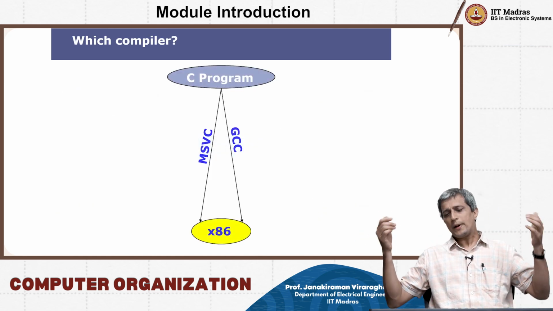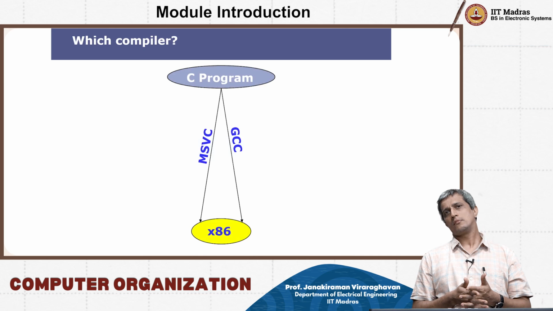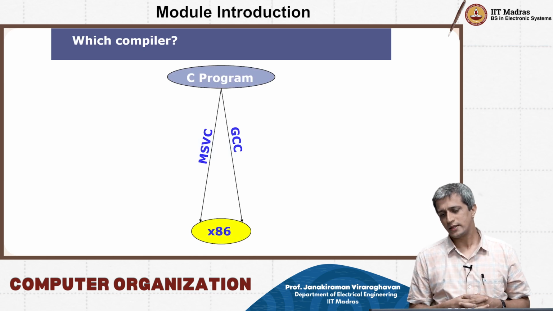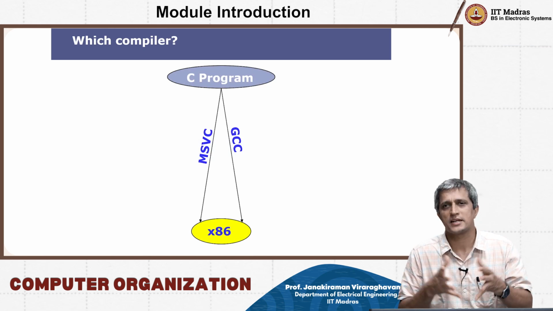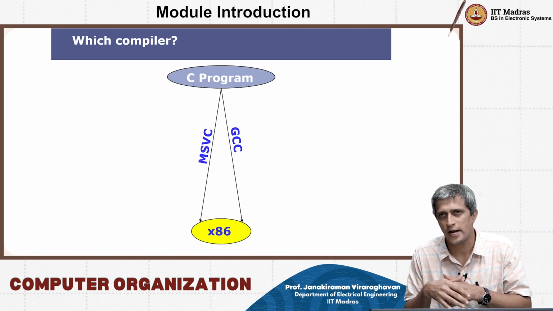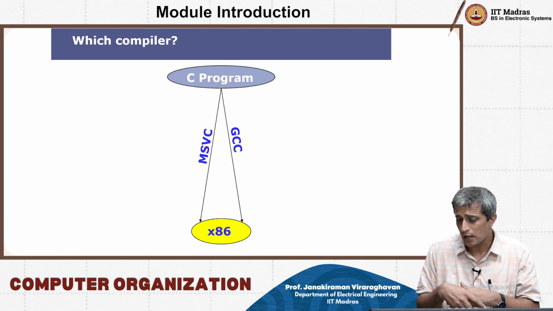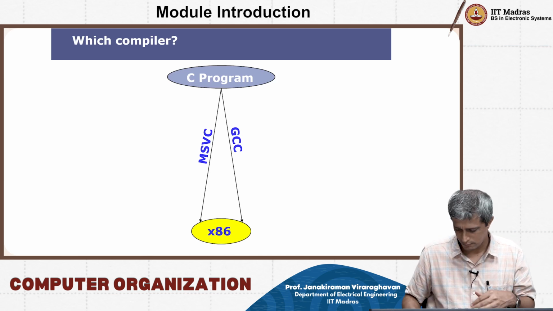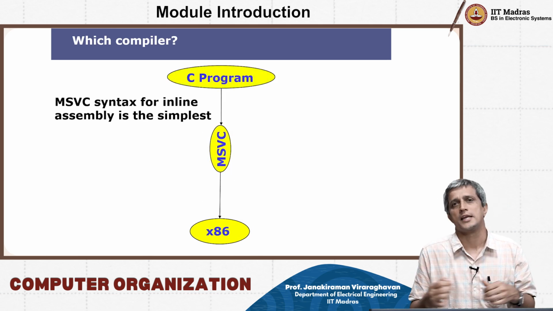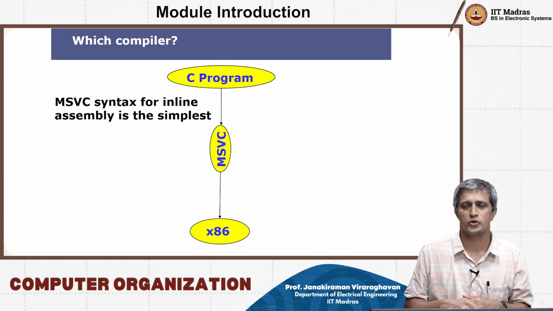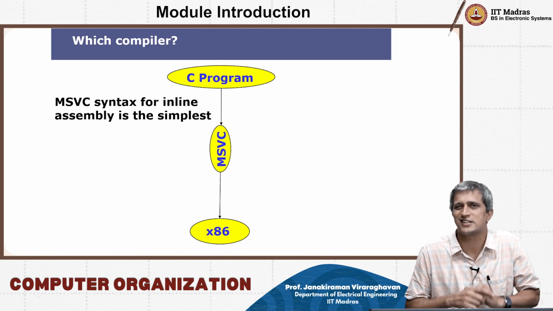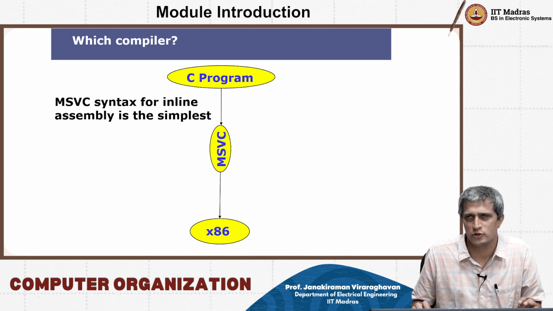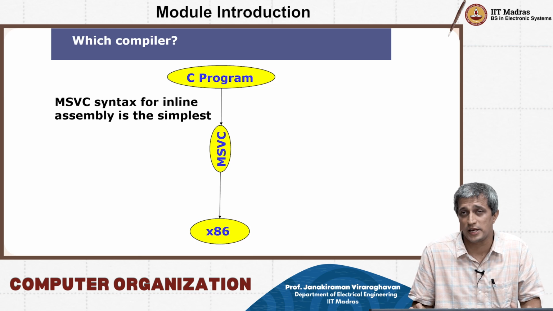Again, which compiler? I have the C program, and from there I can go through either MSVC or GCC and eventually hit my x86 assembly code. So what am I going to use as the compiler? I am going to use MSVC, the Microsoft Visual C compiler. Why? Because the syntax for inline assembly is the simplest. It's very easy to actually write this. I'll tell you what inline assembly is.